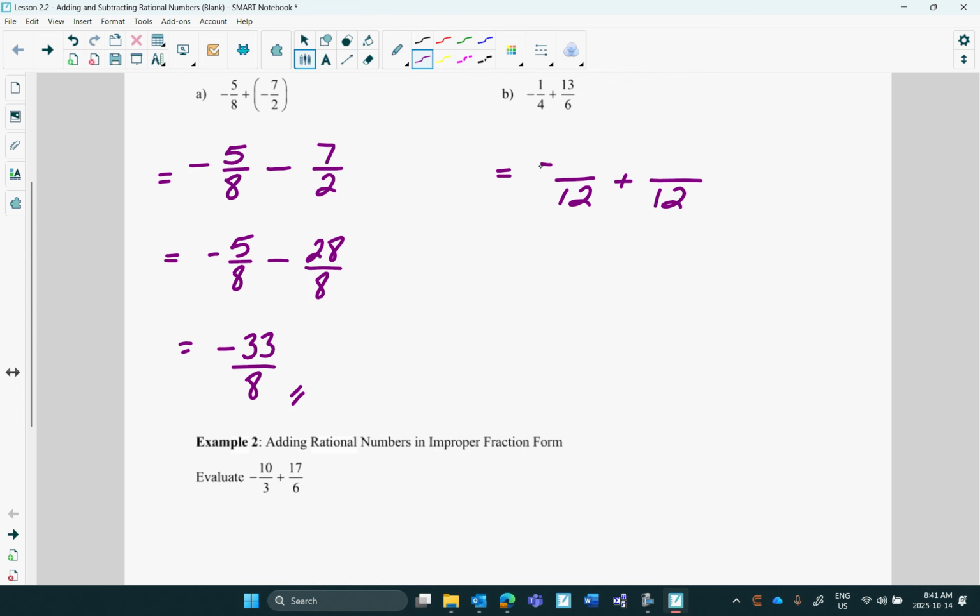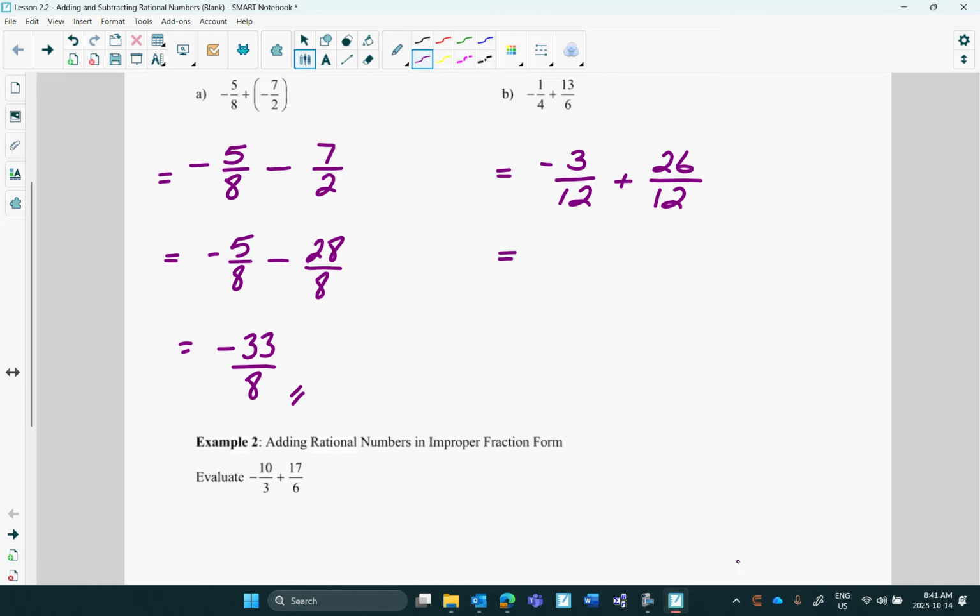Remember, the first one's got a negative in front. So negative what over 12? 3. This one becomes 26. That's what I heard. And now we're ready to go.